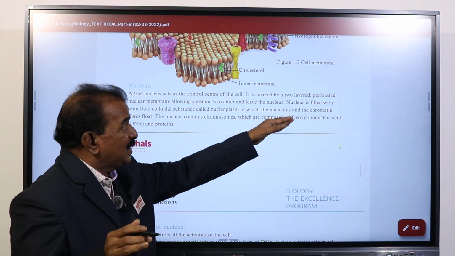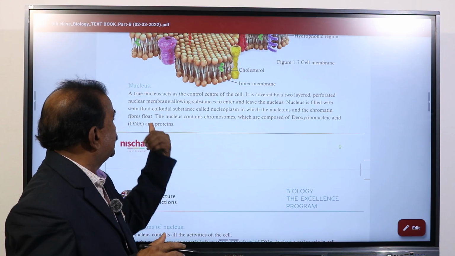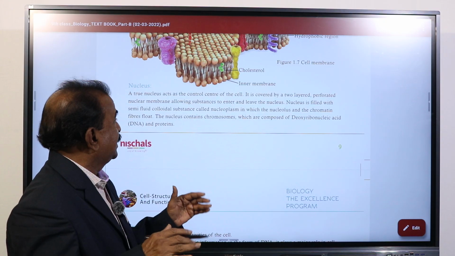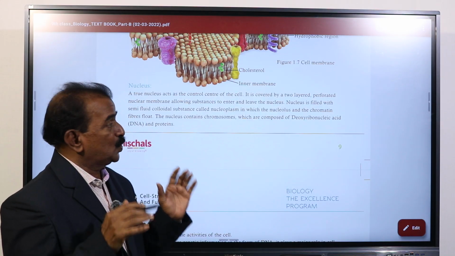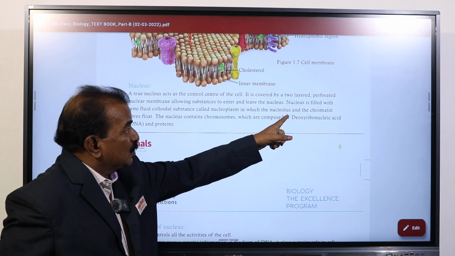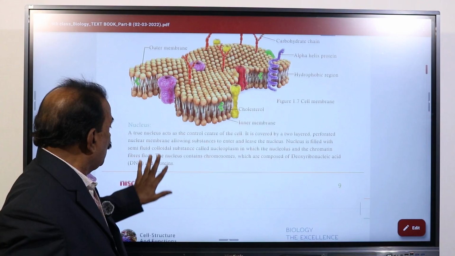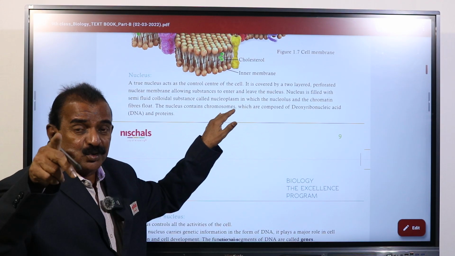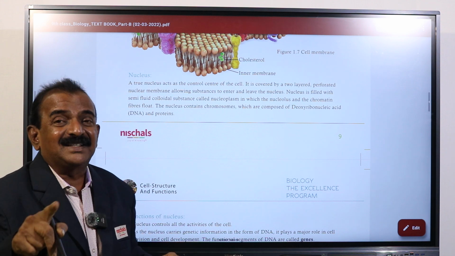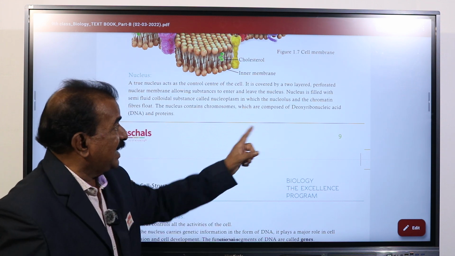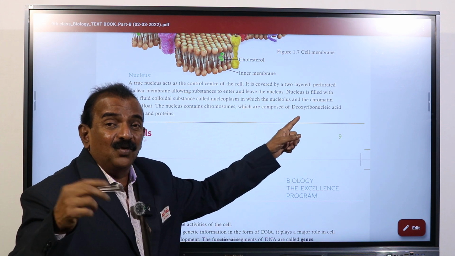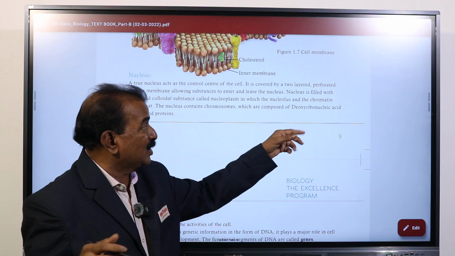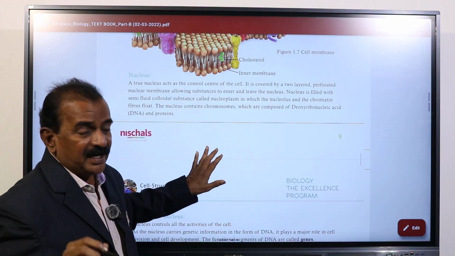The nucleus is filled with a semi fluid colloid substance called nucleoplasm, in which the nucleolus and chromatin float, and the nucleus contains chromosomes. Chromosomes consist of DNA, and DNA full form is deoxyribonucleic acid, and also proteins.